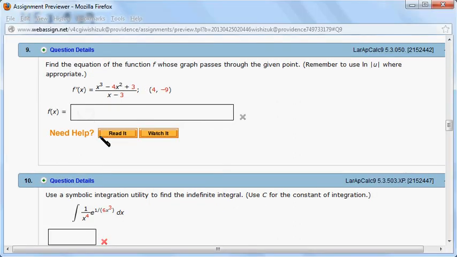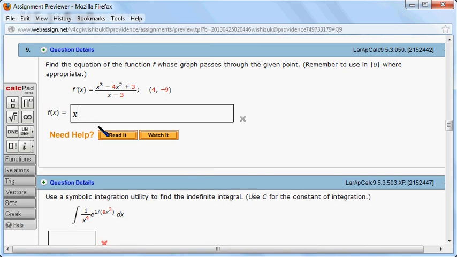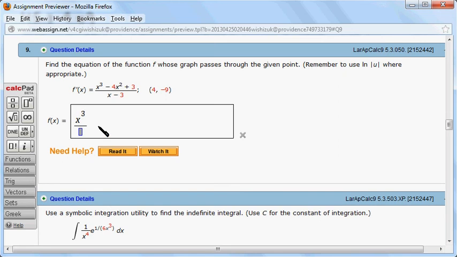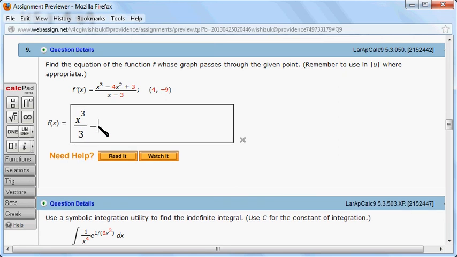The answer was x cubed over 3 minus x squared over 2 minus 3x minus 6 times ln of the absolute value of x minus 3 minus 31 over 3.